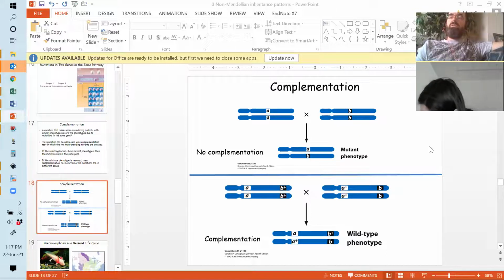When you cross those two individuals together, you will end up with a heterozygote for each gene. So you will have a dominant allele for each gene. Therefore, you will not see the mutant phenotype. You'll see the wild type phenotype.